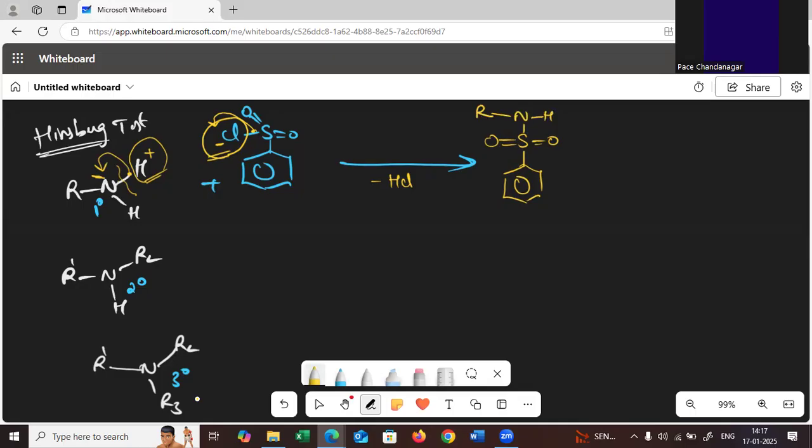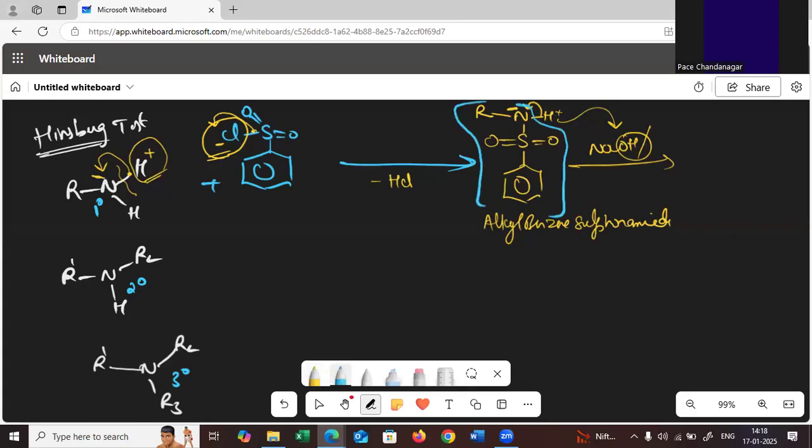And this is alkyl benzene sulfonamide. Now if I go with NaOH on this, what will form? NaOH, the OH is visible here, so hydrogen comes in, and a water molecule forms, right? Hydrogen gives up its electron on the nitrogen, so N minus forms and H plus leaves. So the water molecule has formed. So N is negative, which means all this group, I am showing it in the blue bracket, the hydrogen plus has come out with the OH minus.